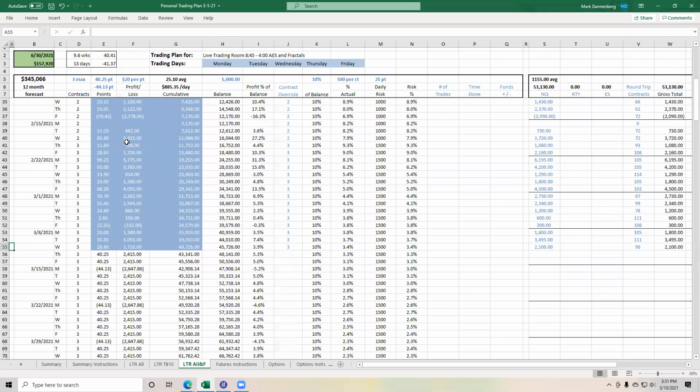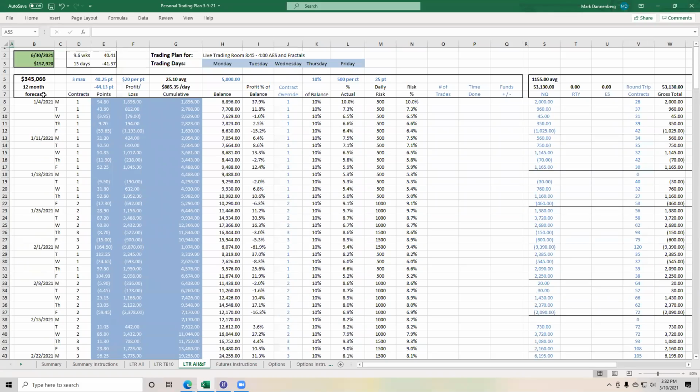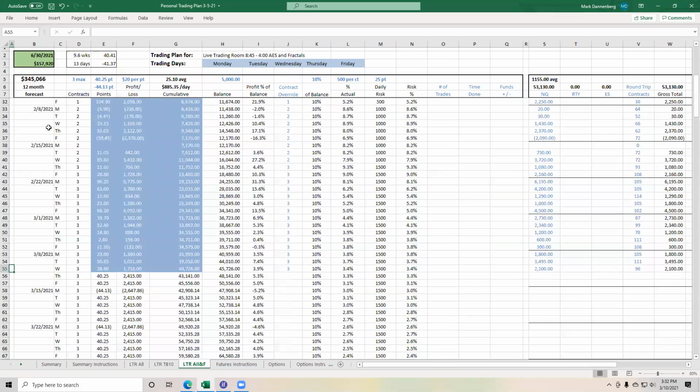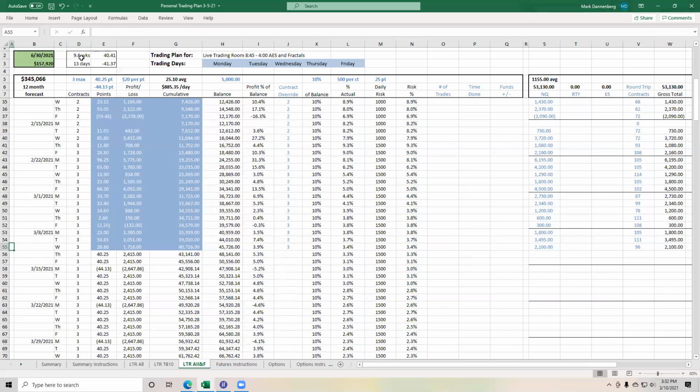Now, the last category, we decided, since both of those other categories started in July of 2020, we wanted to start a new category at the beginning of a calendar year. So this category started on January 4th. And so we now have 9.6 weeks in our history. We've had 13 losing days in 9.6 weeks.